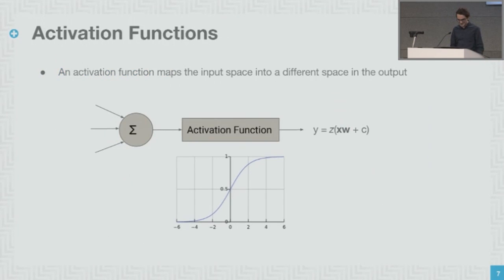So to solve that, we use activation functions between those neurons. An activation function maps the input space into a different space in the output, and doing so introduces nonlinearities in the network, so that the network doesn't reduce to a single layer linear model. This is a very common type of activation function called the sigmoid function.